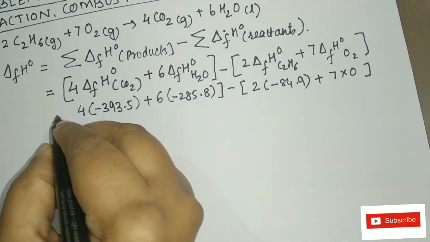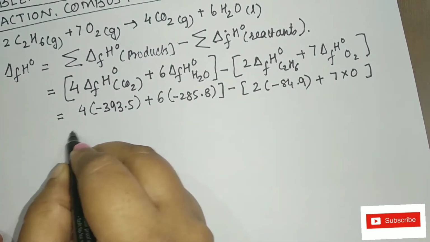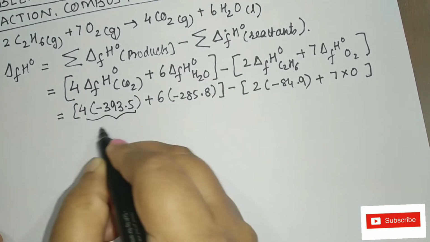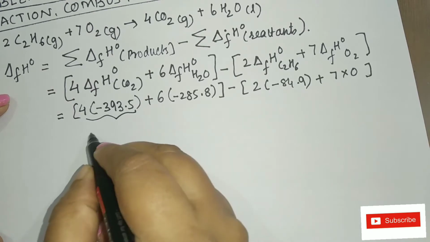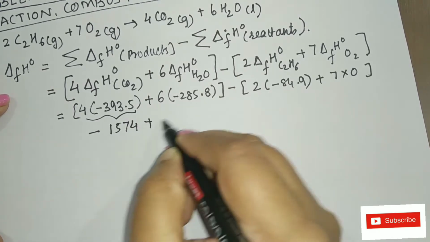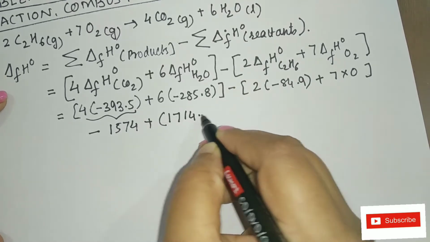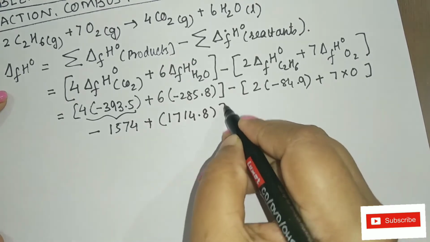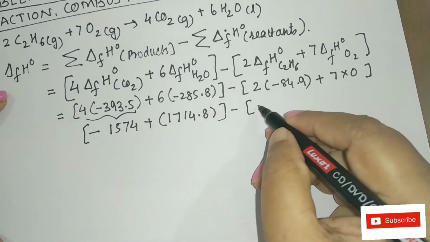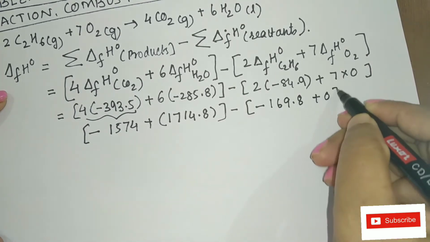Now let us start calculating. This is a simple multiplication calculation, students. So 6 into minus 285.8 will give me minus 1714.8, and 4 into minus 393.5 will give me minus 1574. Let us move on to this one, and this will give me minus 169.8 plus 0.